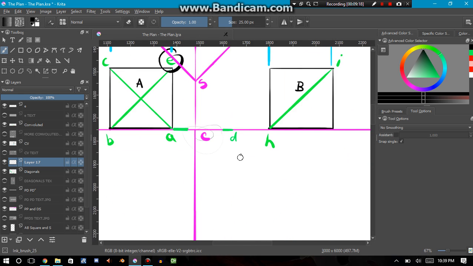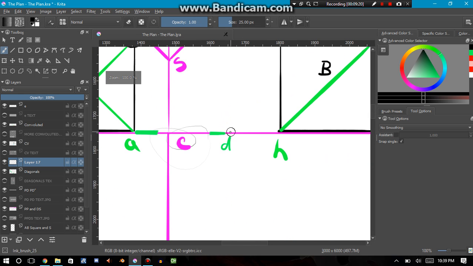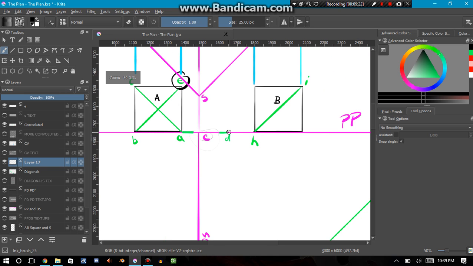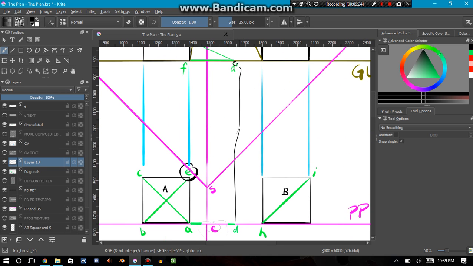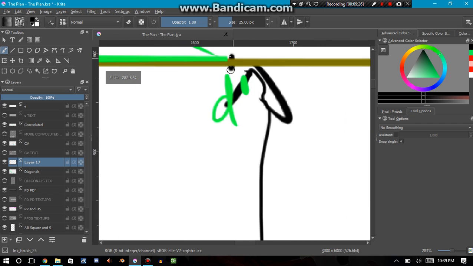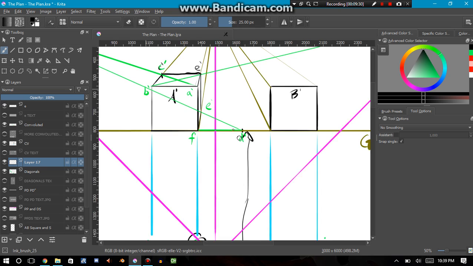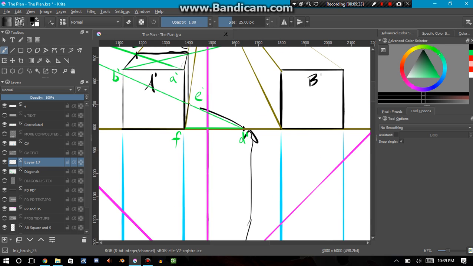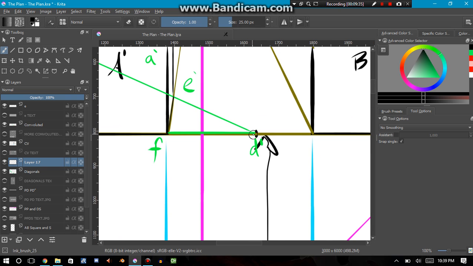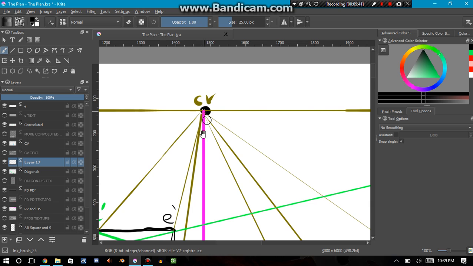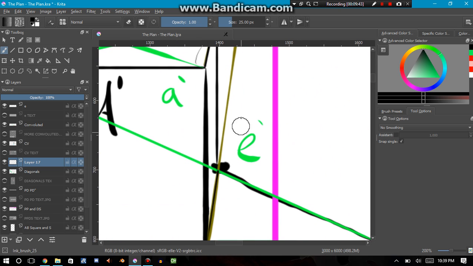Now, like earlier I told you how to make D: carry up this line all the way up here, and you'll have this point right here. Draw a line from PD down to D prime, and where it intersects with this line from F leading towards the vanishing point, this will be D prime right there.